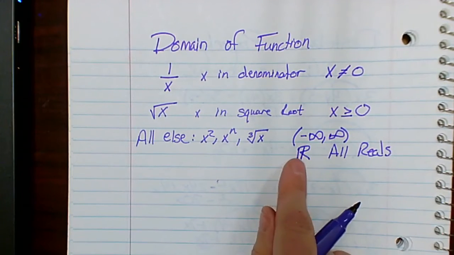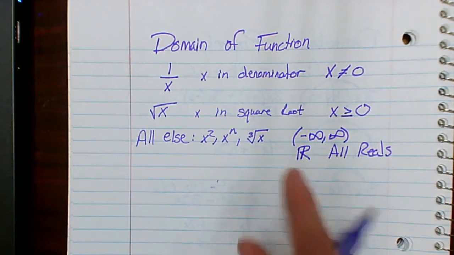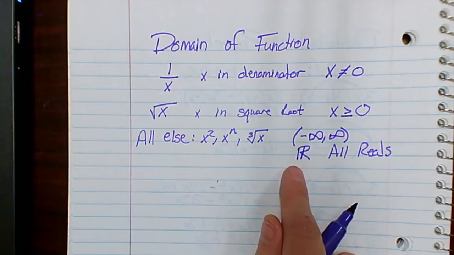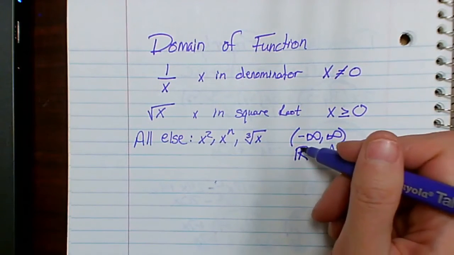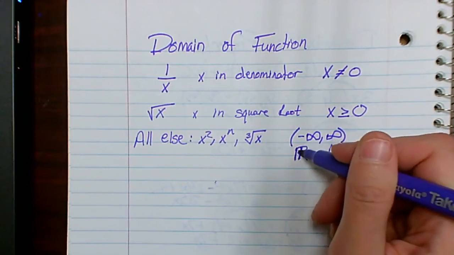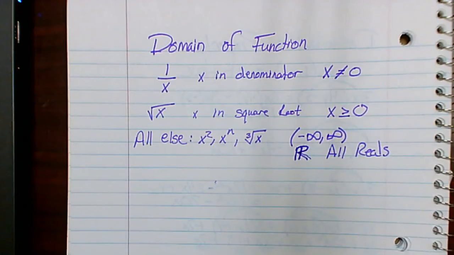A lot of times in textbooks you'll see a bold capital R, and that states the numbers that are in the real number system. Since we cannot print in bold, we do the double-back R or a double-back letter. So there's the rules.